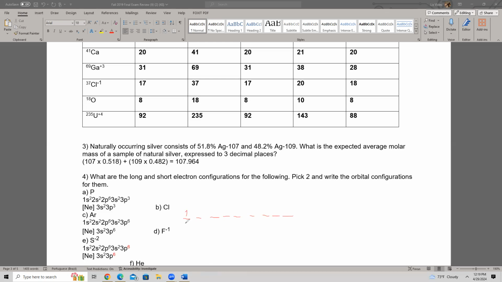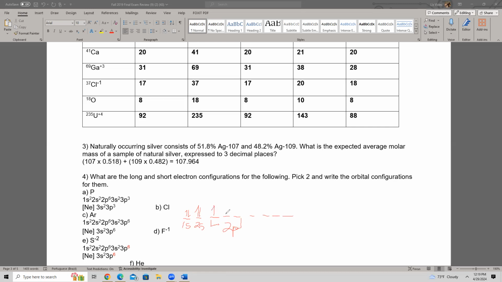The first level, which is 1s, is going to be full. It has 2. Remember, 1s, the s can only hold 2. The 2s is also full because it only holds 2 also. And no, they're not bigger electrons. That's just my hand moving weird because I'm having to do this with my mouse, and it is not the prettiest thing in the world.